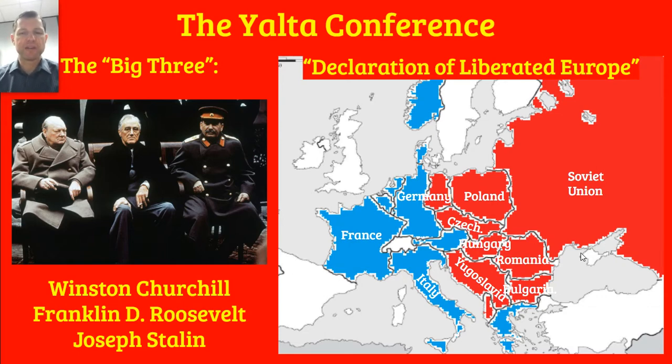Joseph Stalin came into the Yalta Conference with a very different idea about the future of Europe, at least of Eastern Europe. You have to remember that his country, whether we refer to it as Russia or the Soviet Union, had now been invaded 3 times in the period of 150 years by powerful enemies coming out of Western Europe.